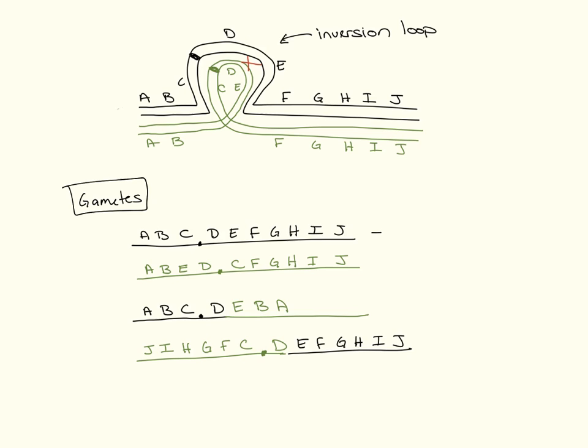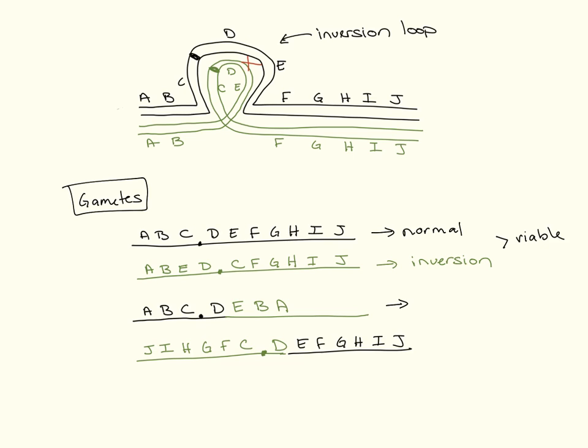So we will end up with 1 normal, 1 inversion, and these would both be viable, as we've seen before. This third one here, notice it still has a centromere.